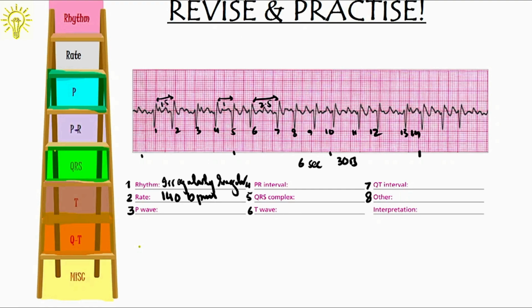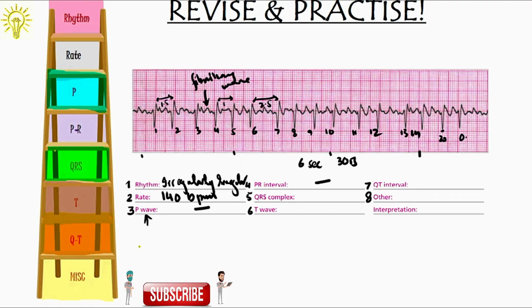Can you see any P wave? I can't see any P wave. These are fibrillatory waves, right? So no P wave is seen. For the PR interval, since no P wave is seen, we cannot comment. The QRS seems narrow. If you calculate between these two, it's barely 2 small boxes, so almost 0.08 seconds, which is normal.